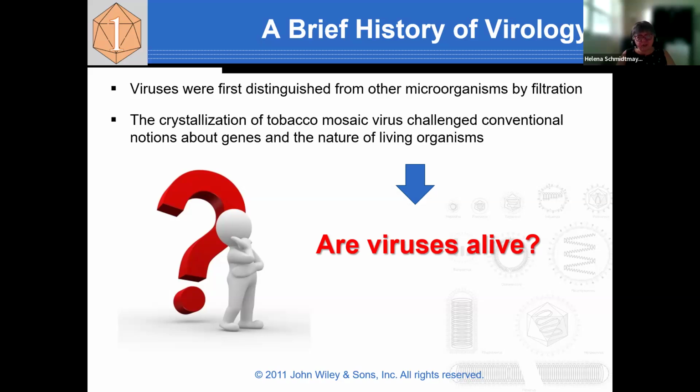The next challenge to the question of whether they are alive came when the tobacco mosaic virus was discovered. It is an RNA virus. And what was very shocking and surprising is that it has genes, it has proteins, but it could be crystallized. A living organism cannot be crystallized.